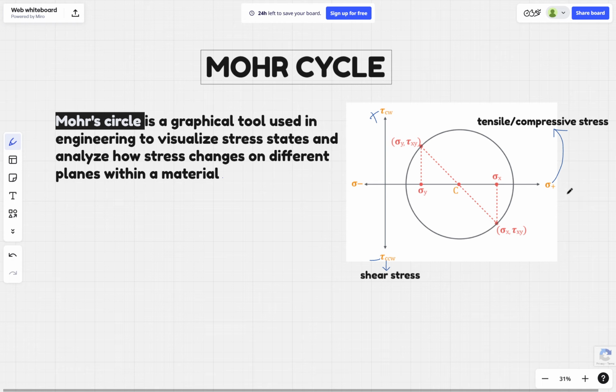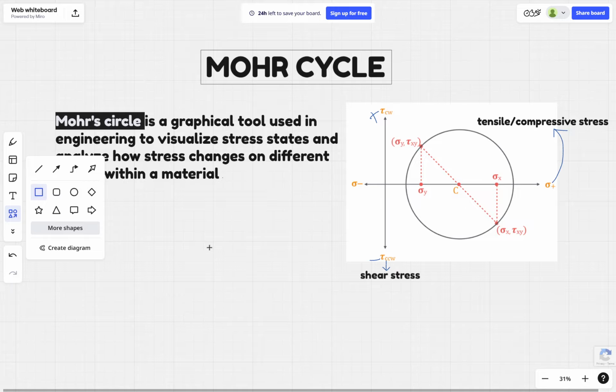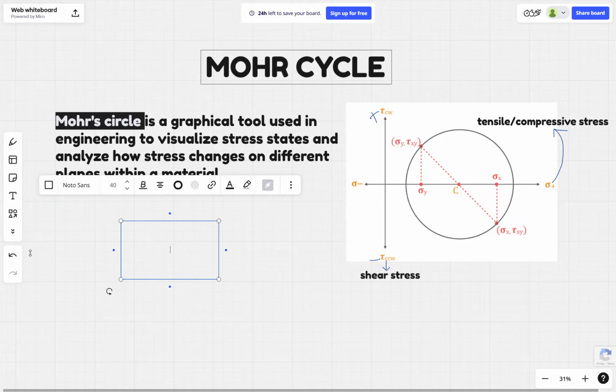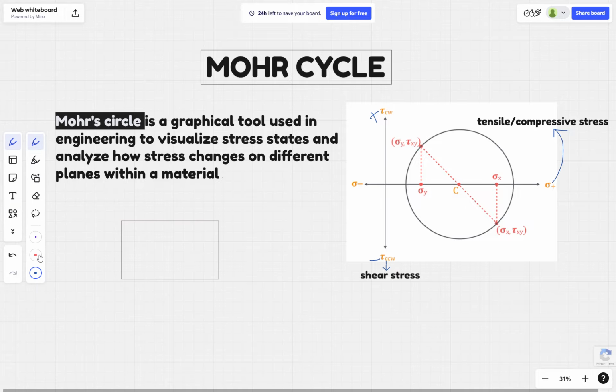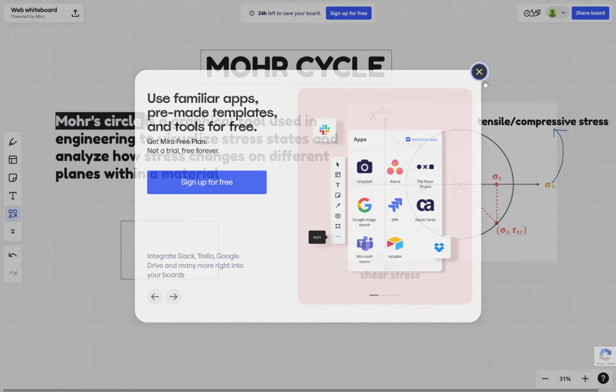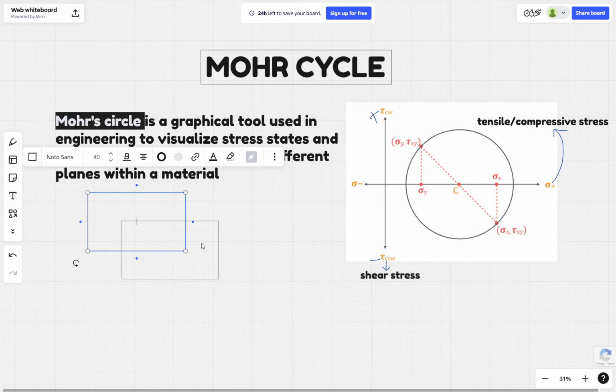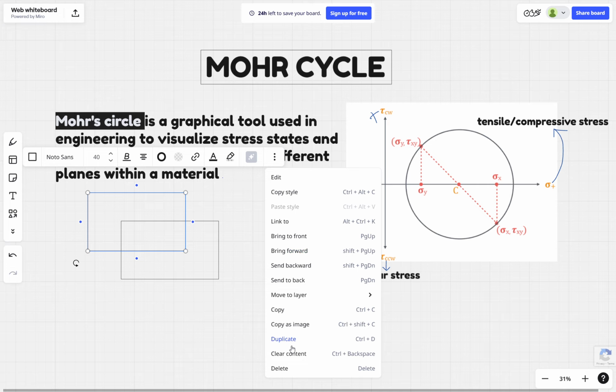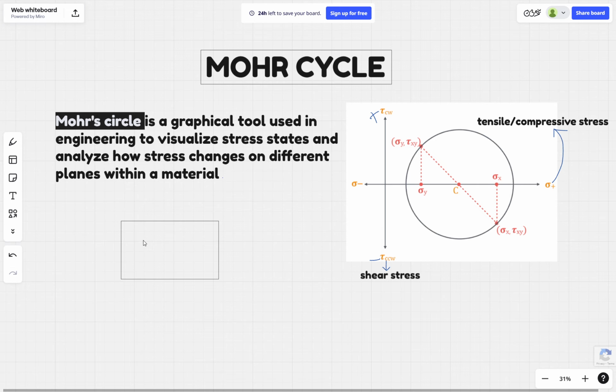Okay, moving forward, let's imagine that this is a plain body.